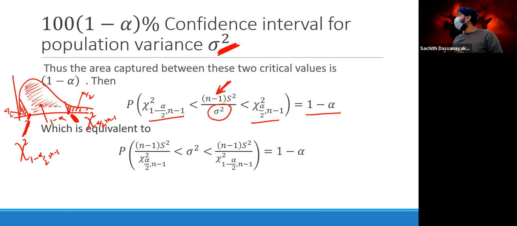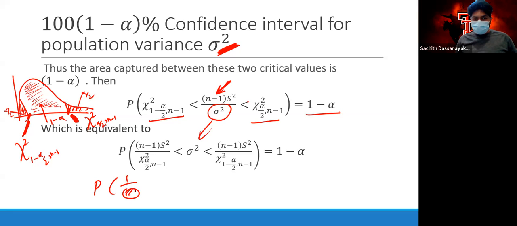The easiest way is to flip this equation, like 1 over this first one. At that time, if you flip a fraction, what will happen? This inequality changes, right? It flipped the other side. So this is going to be sigma squared, n minus 1 s squared, this side 1 over whatever you have here, this one.